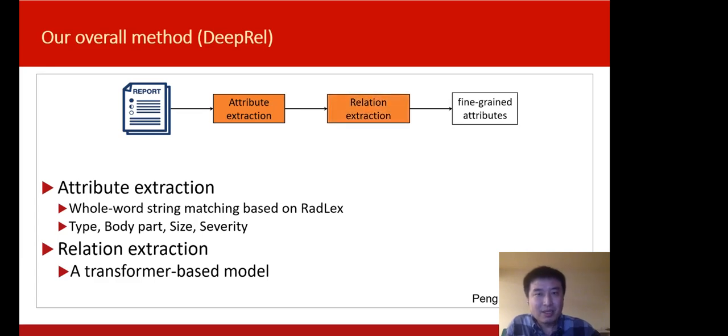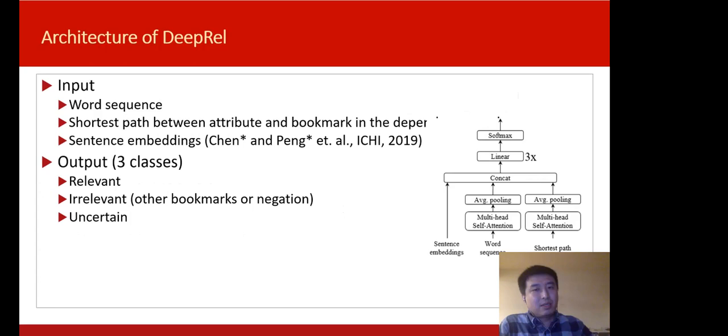And in the second step, we use a transformer-based model to distinguish the relation types. There are many deep learning-based or other machine learning-based methods that can do the relation extraction or relation classification.